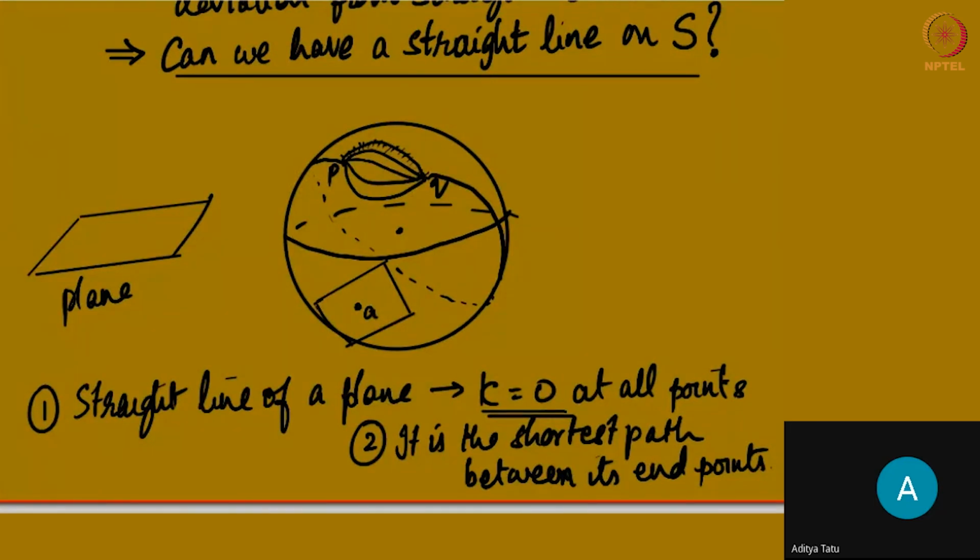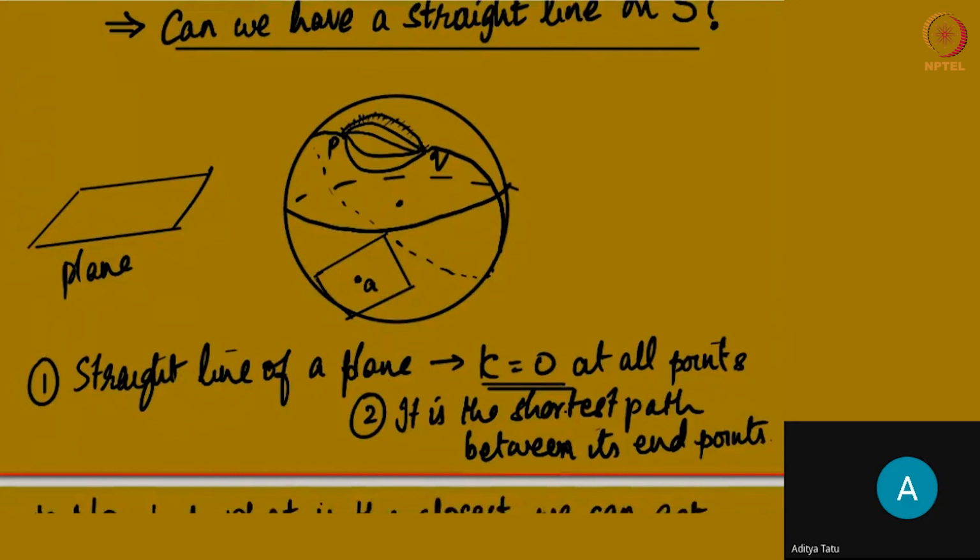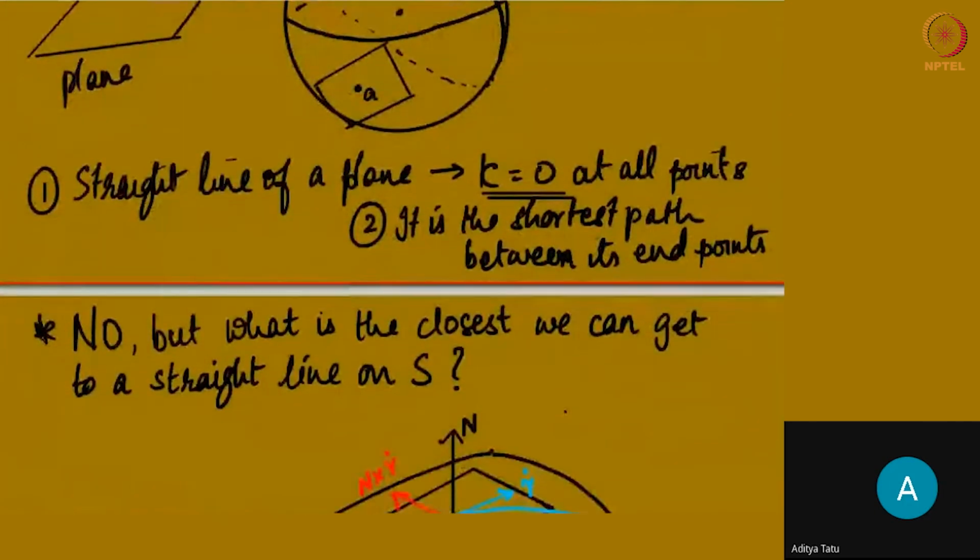So that property, and on the plane they are connected, they are also connected on a surface. That is the main aim behind today's class. So let's go a little forward here.